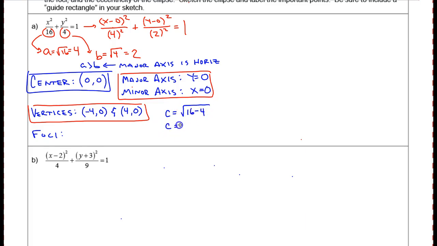That means c equals the square root of 12, which in simplest radical form is 2 root 3. So the foci are 2 root 3 units away from the center at 0 comma 0. One focus is at negative 2 root 3 comma 0, and the other is at positive 2 root 3 comma 0.